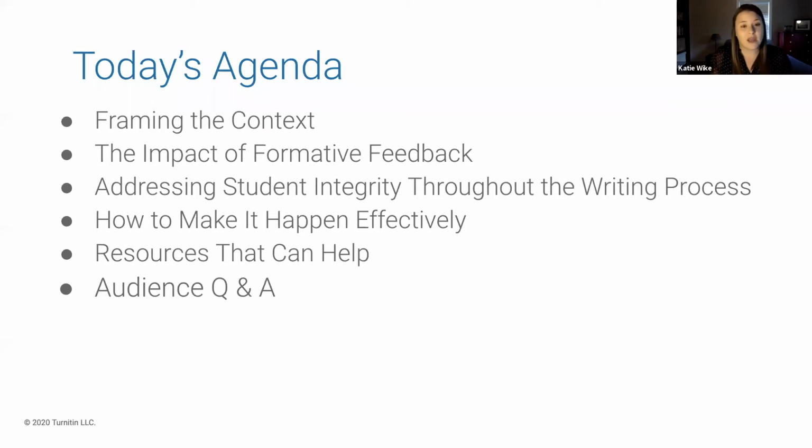We're going to look at the impact that formative feedback can have in this area, how we can address student integrity throughout the entire writing process, how to make that happen effectively, because we know we can probably do it, but can we do it really well? And then finally, resources that we have that can help you in this effort. And then, like Andy mentioned, we will have some time at the end for any questions that you have throughout the webinar. So let's get started.